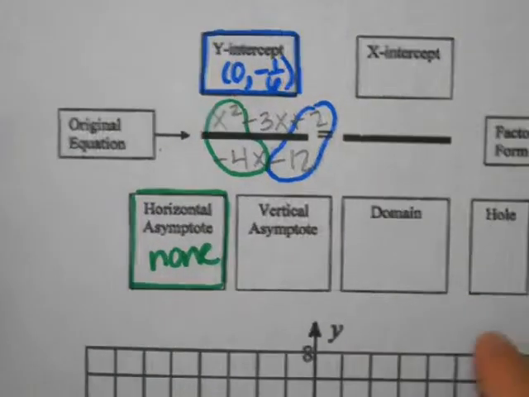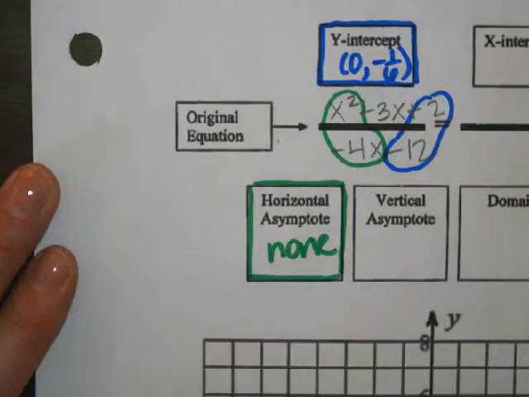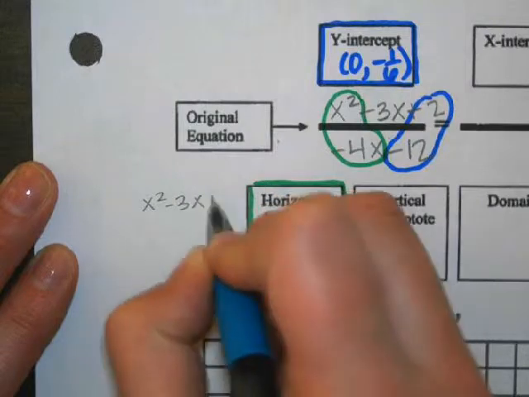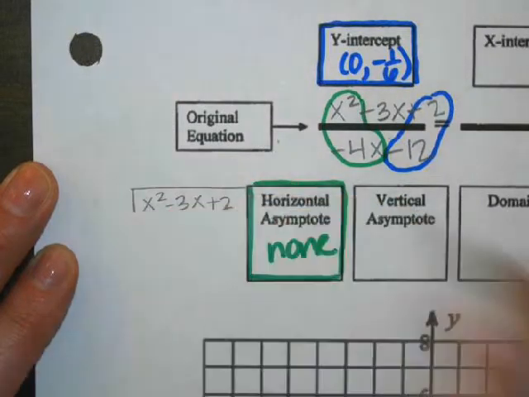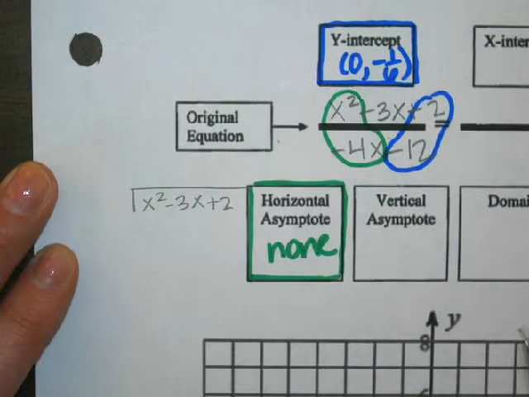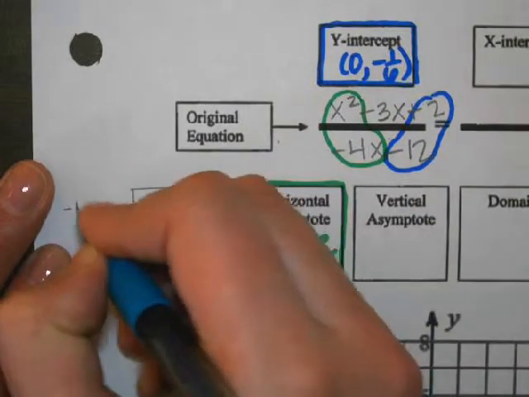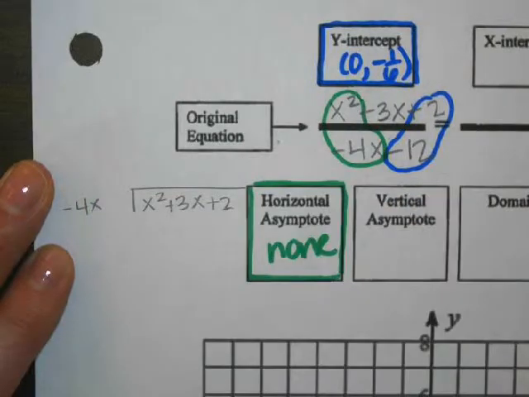Oblique, and we have to do some long division. So we're going to do x squared plus 3x plus 2. It was plus. My marker went over it. Sorry. X squared plus 3x plus 2, thank you, divided by negative 4x minus 12.